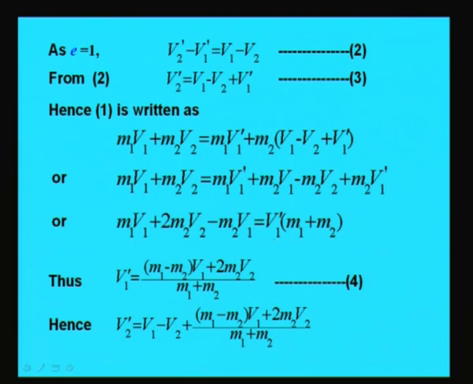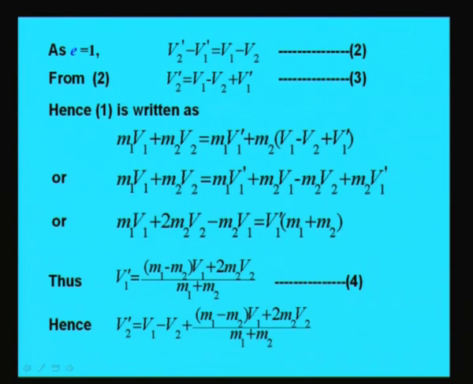Taking terms to this side, M1 V1 plus 2 M2 V2 minus M2 V1 is equal to V1 prime (M1 plus M2). Thus, we get V1 prime is equal to ((M1 minus M2) V1 plus 2 M2 V2) divided by (M1 plus M2). So, we get this equation.